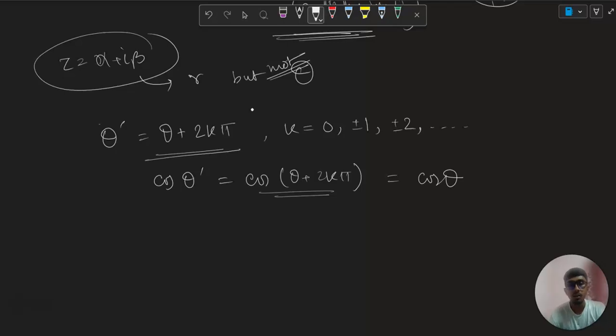Similarly, sine of theta plus 2k pi will give me sin theta.